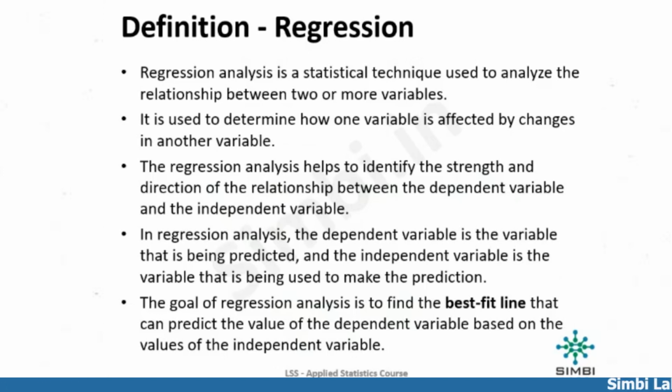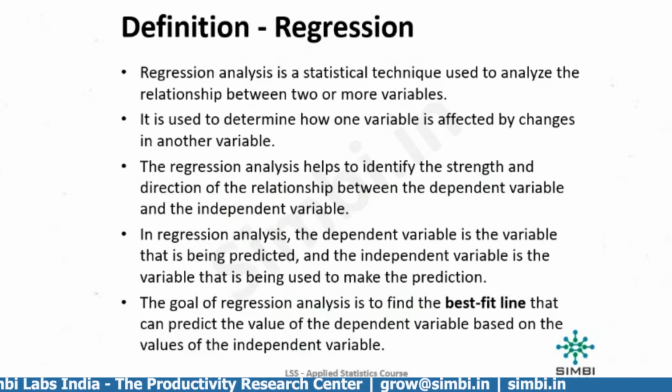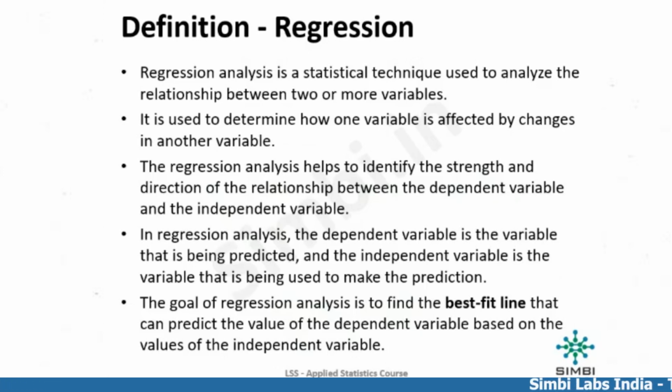We can estimate. In the previous example we saw the salary of an employee, which is a dependent variable. Based on the salary of an employee, we can predict more variables. Those predicting variables we call independent variables. So that is about regression.